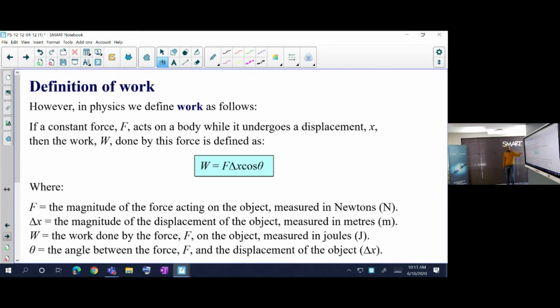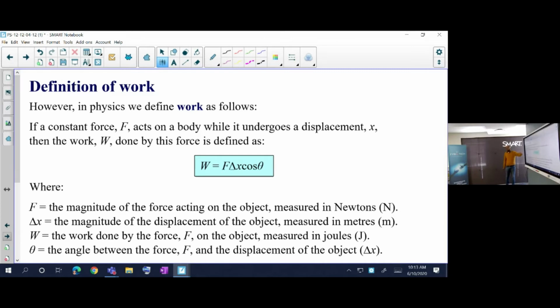You must bear in mind, this is a vector. This is a scalar. W stands for work. F stands for force. Change in X, that's the distance covered by a particular object, is a vector because it's a displacement. That is the angle that I talked about.